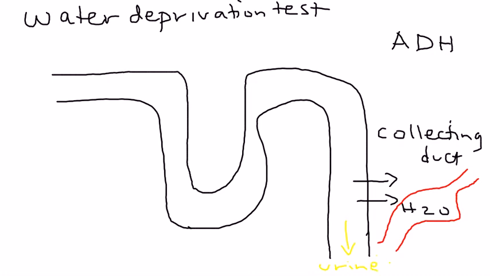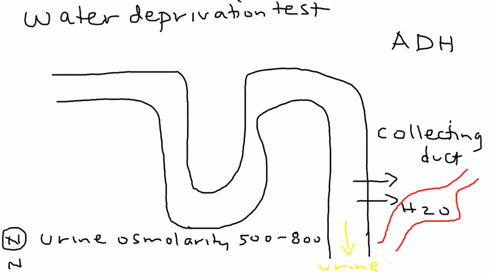Urine osmolarity, normal is 500 to 800. And the normal plasma osmolarity, blood osmolarity, is about 285 to 295.